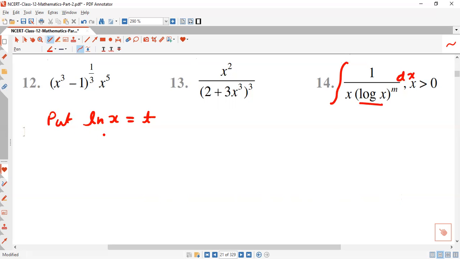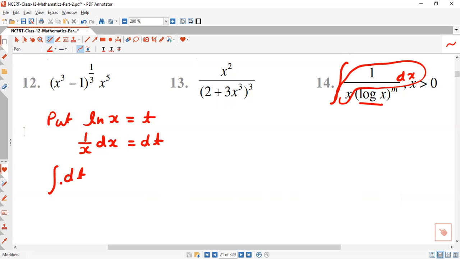Taking differentiation on both sides, 1 upon x dx equal to dt. Now what does the integration become? You see dx upon x equals dt. So it is dt divided by t raised to m, since log x equals t, so we have t raised to m.